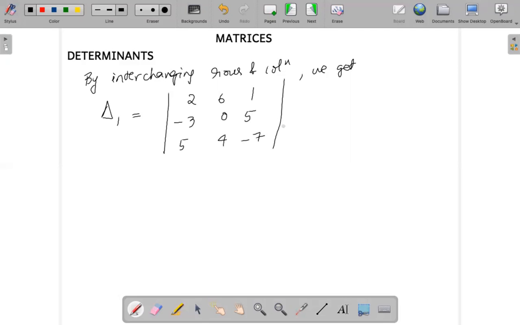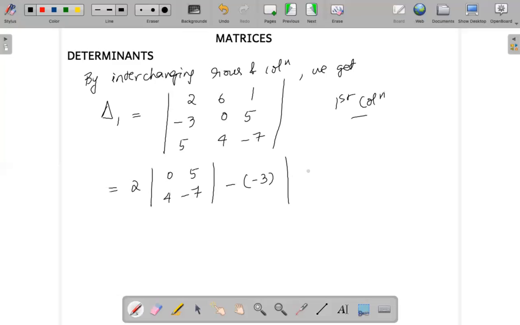Now expanding along the first column. 2, considering that, so this will be 0, 5, and 4, minus 7. And minus 3, let us take that. We are considering the first column.